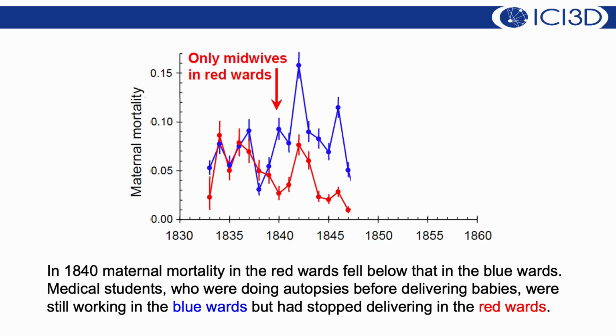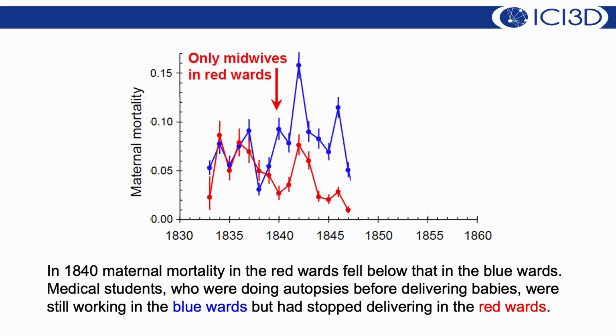The women shown with the blue dots and lines were those mothers where the attending person looking after the childbirth was actually a doctor, a junior doctor, even a student doctor. And the red dots and lines are showing those mothers where the childbirth was overseen not by a doctor at all, but only a midwife.